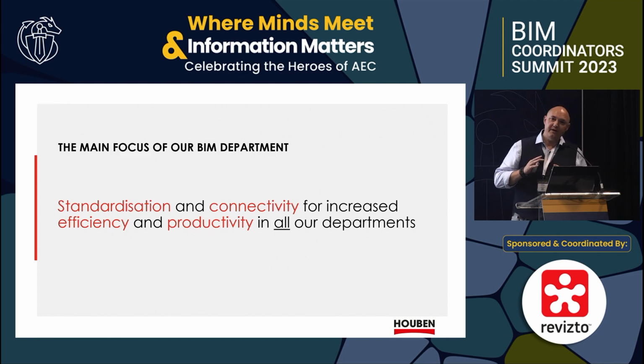We don't believe in being an isolated island within the Houben company. What we want is connectivity with all the departments within Houben. And to do that, we need standardization to increase the efficiency and the productivity. This goal is very important because I'm going to get back to it during my presentation.